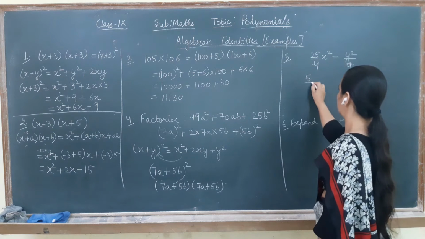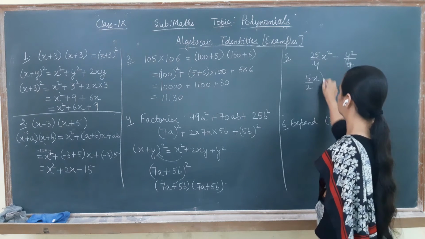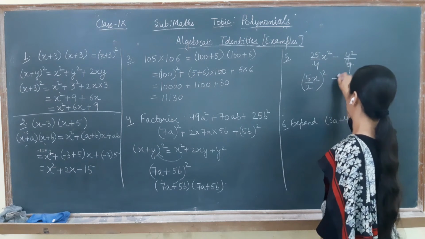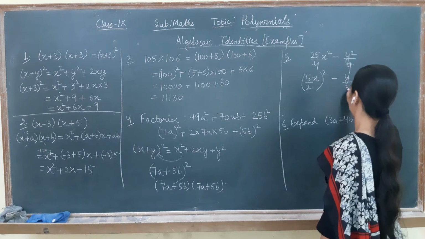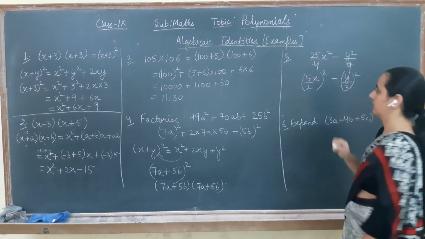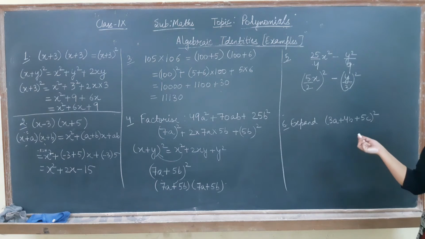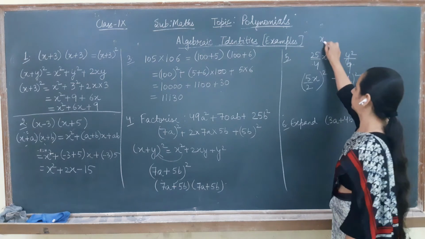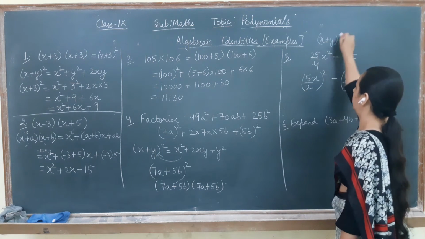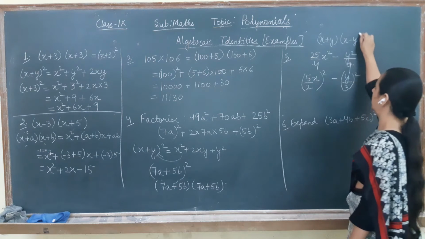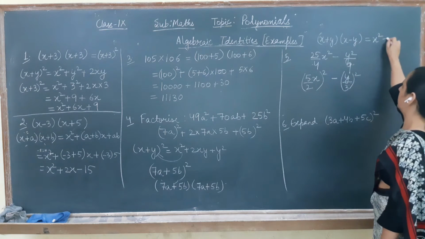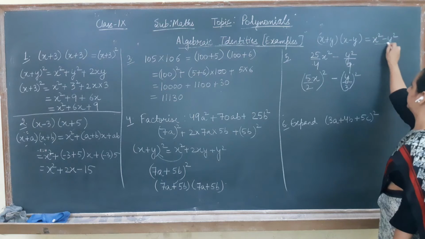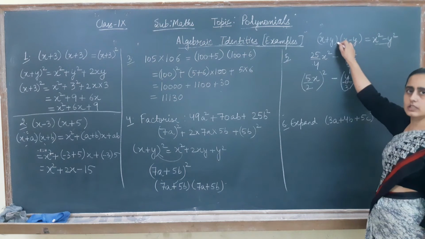Like it can be written as 5 by 2x whole square, and this can be written as y upon 3 whole square. Fine. We know what is the identity for this: x plus y into x minus y is equal to x square minus y square. We have this form and we want to write it in this form.